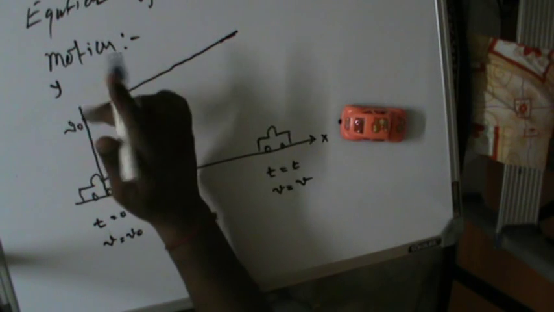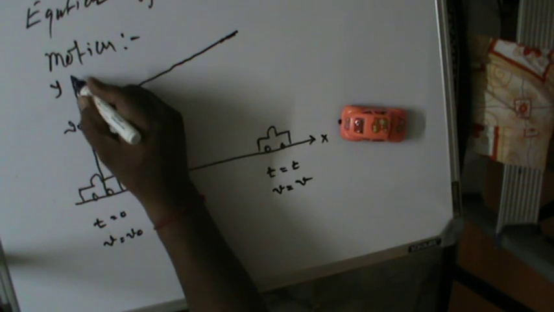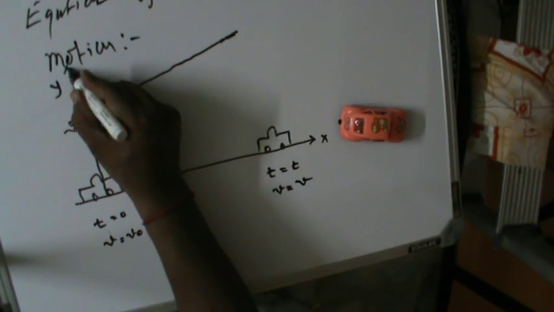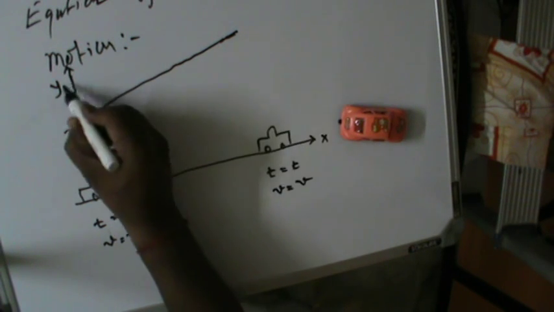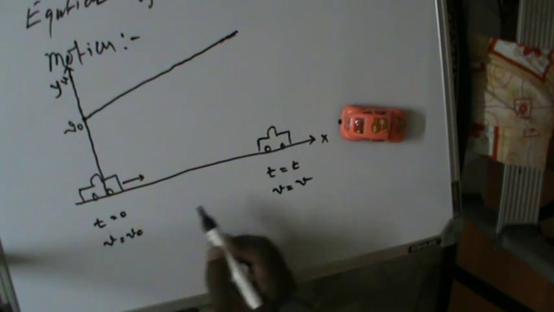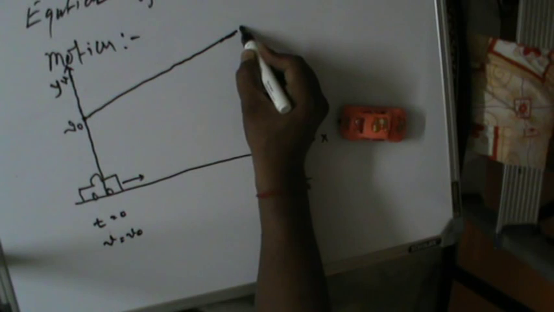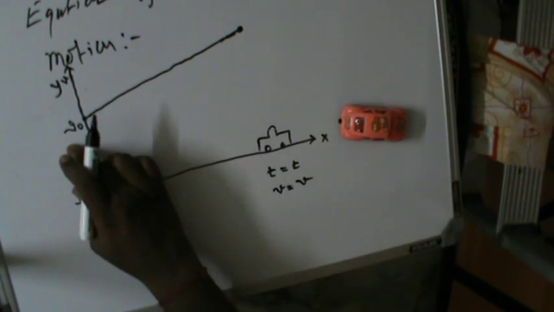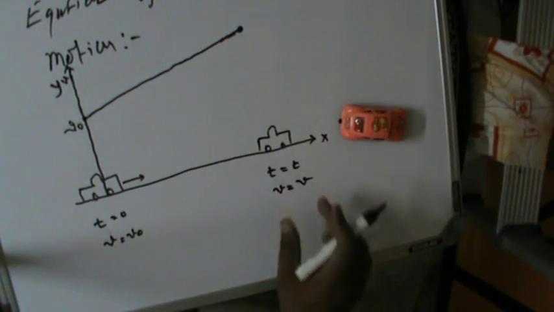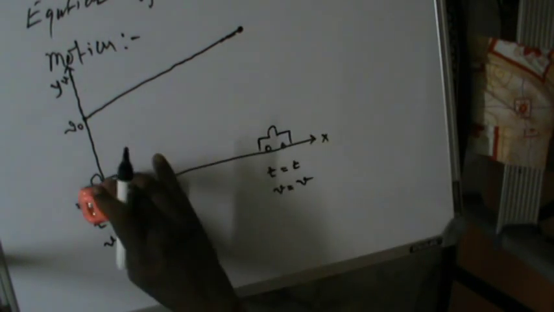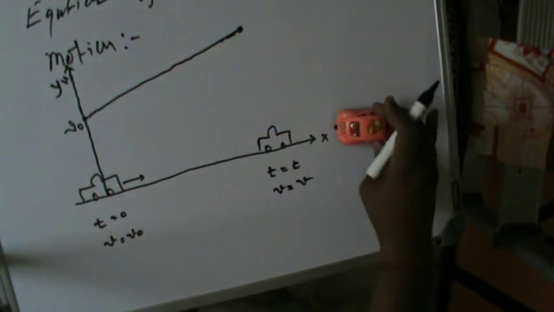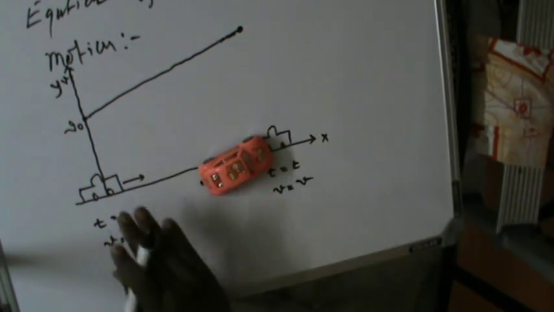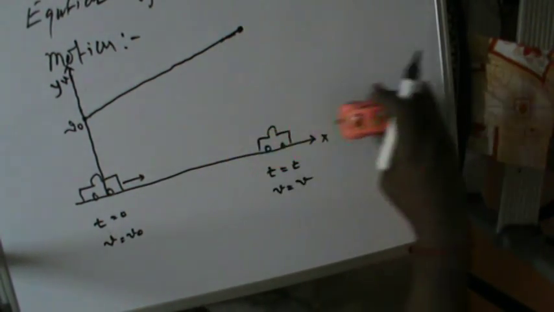So what we can do here is just extend the graph more. So the final velocity, suppose v is here, and this is the final position, initial position and final position, which we can do in the form of an experiment here. This is transferred into the graphical method.